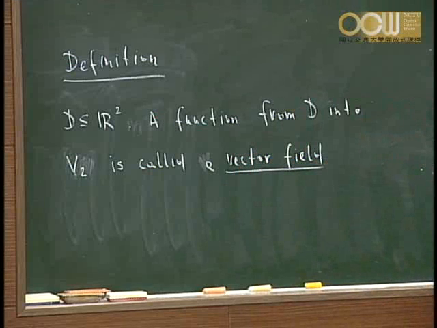So a vector field is just a function which maps every point in a plane region onto a vector.